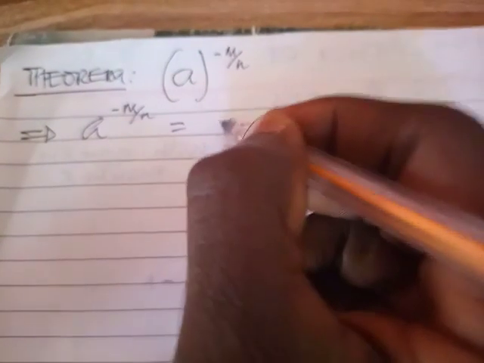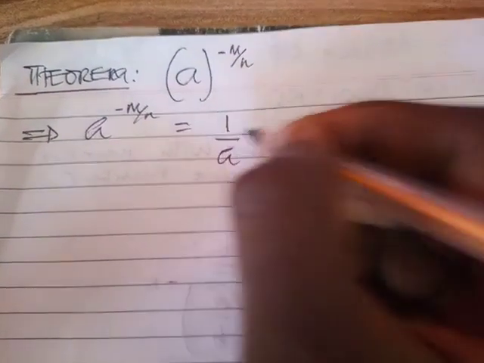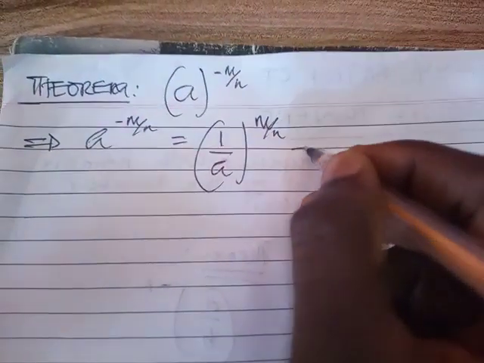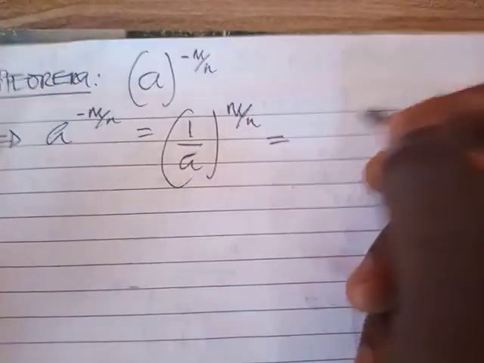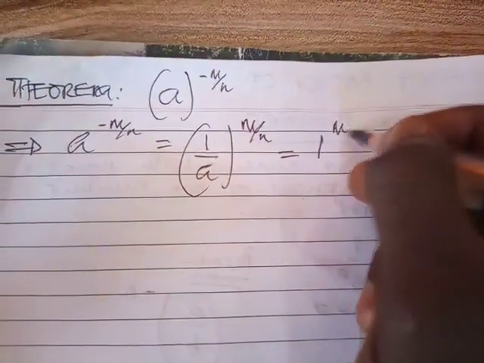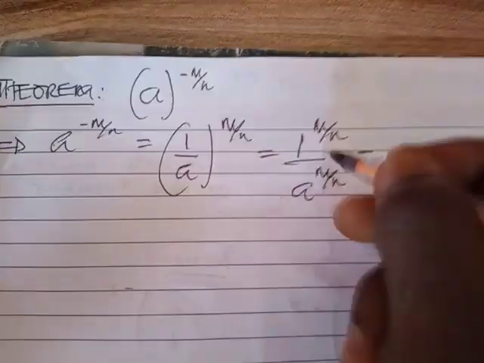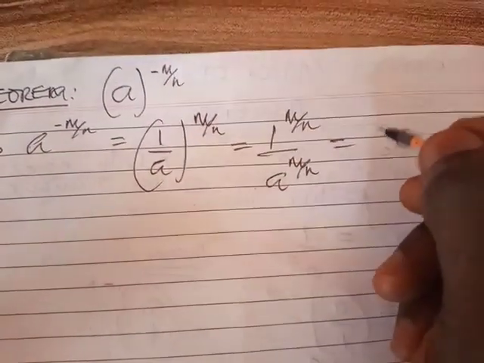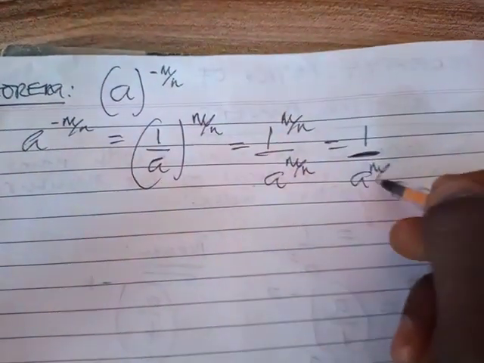So a exponent minus m over n becomes 1 over a exponent m over n. And this is the same as 1 exponent m over n over a exponent m over n. And 1 exponent m over n is still 1. We have 1 over a exponent m over n.